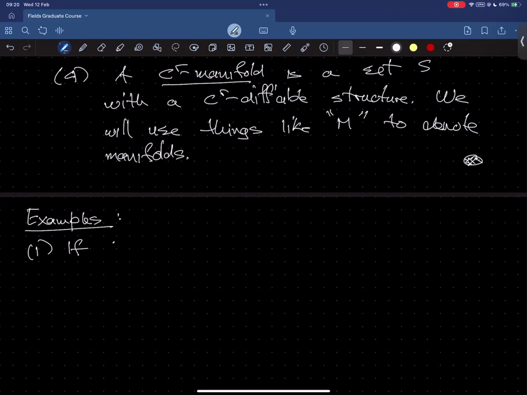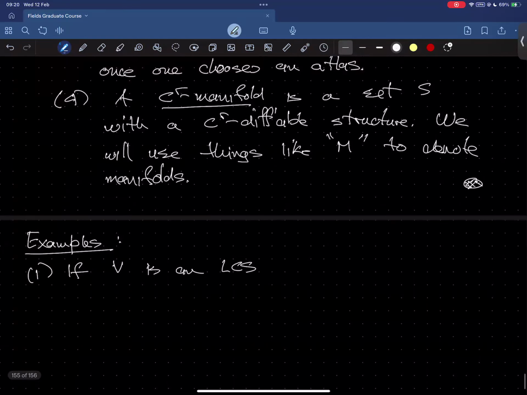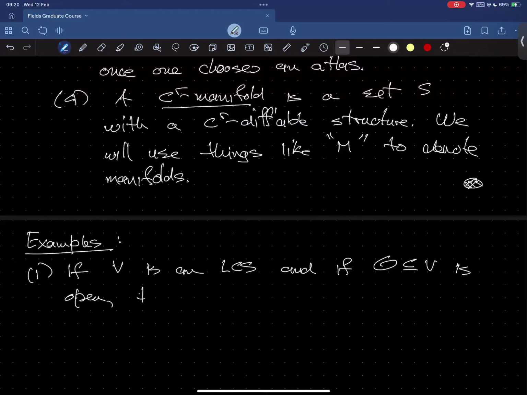All right. So let's say we have a topological vector space V and an open subset O. Then O has a natural C infinity manifold structure.